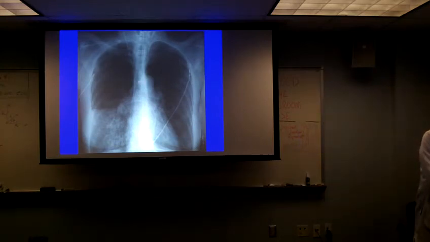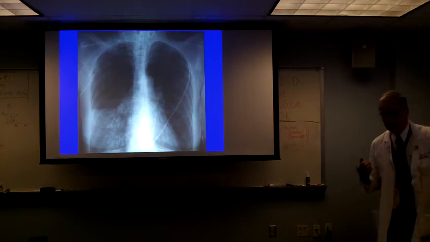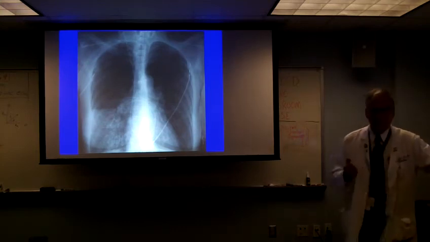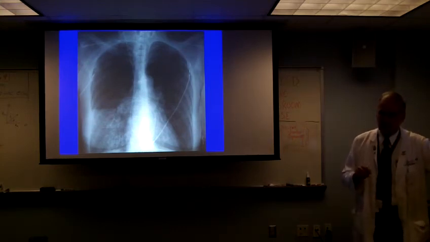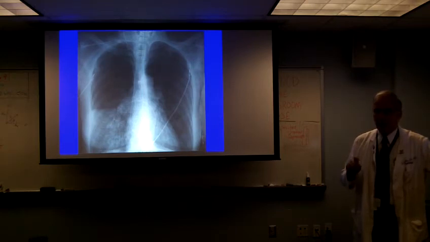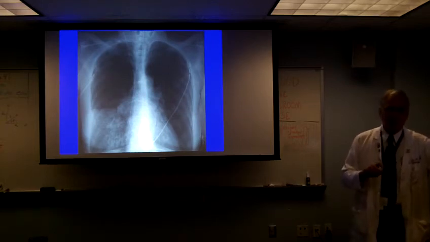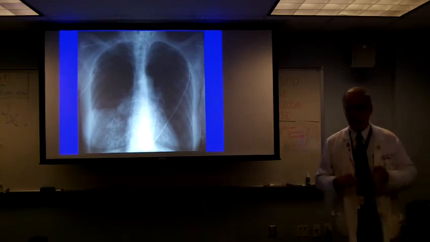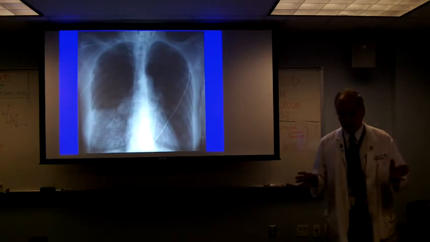This patient died from this. The point I make to the house staff and to our residents is you have to think about what you're going to do if this occurs before it happens, because once it happens, you don't have time to fiddle around and say, well, let's call VIR and have them embolize. That's not what you do for this.